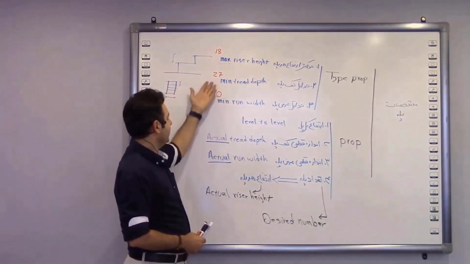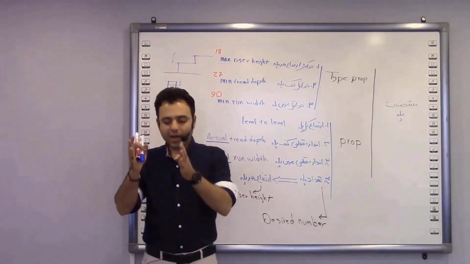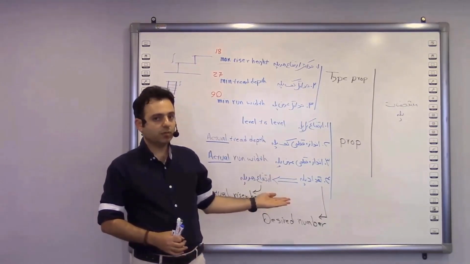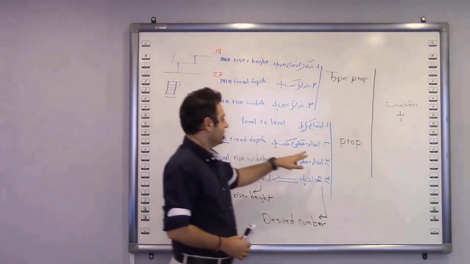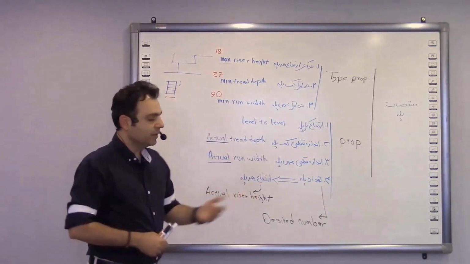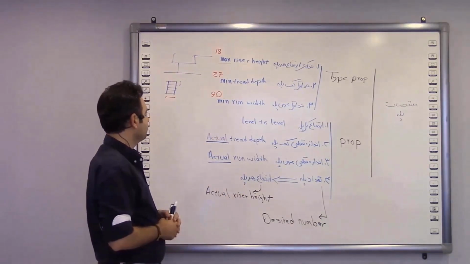In type properties, we create some standards that include all the stairs. But properties is about the specific properties of that stair. And when we say actual, it is about the dimensions that we're going to draw at the same moment and for the same stair.